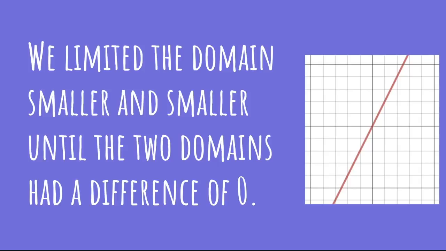So we're repetitively continuing this process until we see the two domains very close to just the point 1, and that's where the limits enter. We're limiting the domain, making it smaller, so that we know our slope, the instantaneous rate of change, is exactly at the point 1. That's why we are using limits and derivatives.